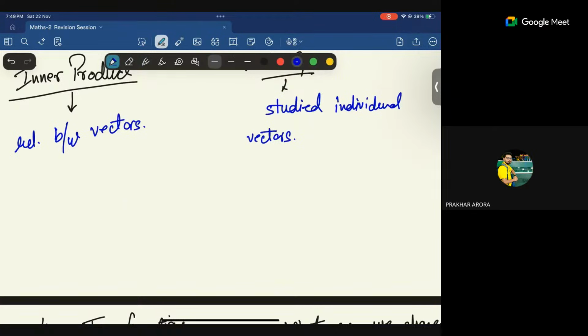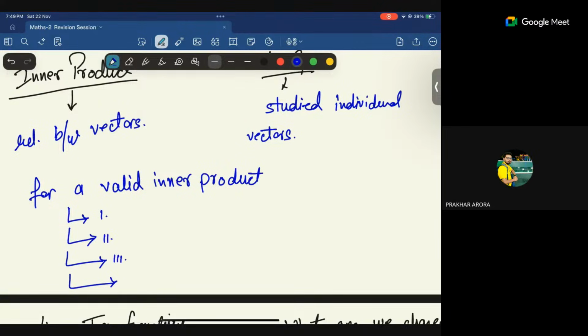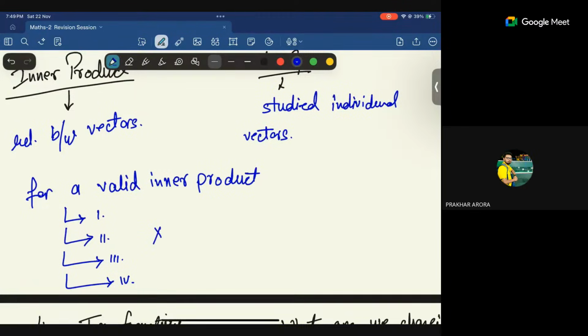Now, for a valid inner product, there are four rules to be proved. I will not prove those things. I will not take up this part. I leave it to you all to practice yourself. I hope you have done it. It is exactly the same as proving whether a given set is a valid vector space or not.